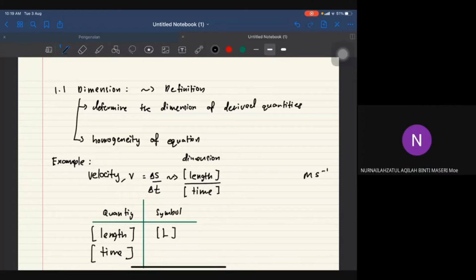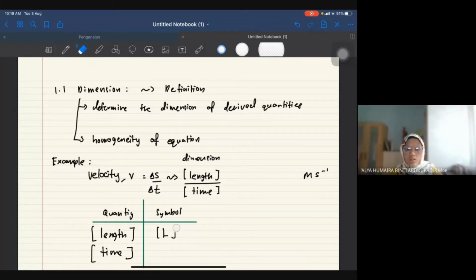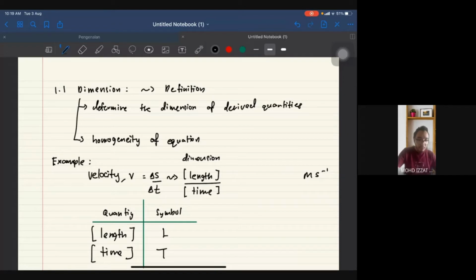T besar. Okay. So ini untuk simbol untuk dimension tu. Bukannya simbol untuk formula, the symbol untuk dimension. So you can replace this one, becomes L over T.